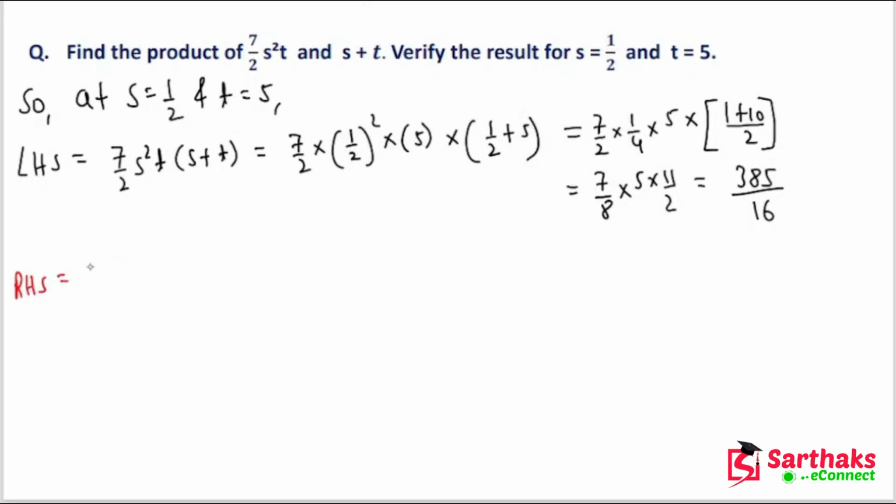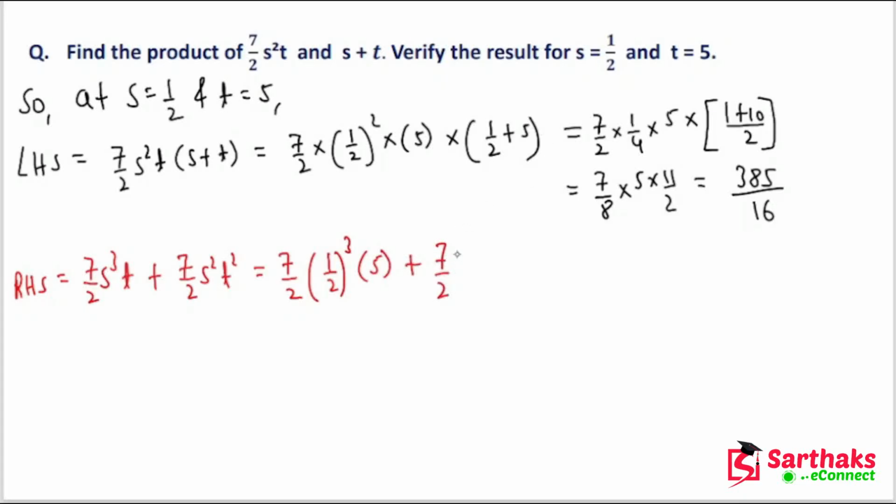So RHS was 7 upon 2 s cube t plus 7 upon 2 s square t square. So it would be 7 upon 2 s cube, meaning 1 by 2 cube, and t would be 5, plus 7 upon 2 s square, which would be 1 by 2 square into 5 square.